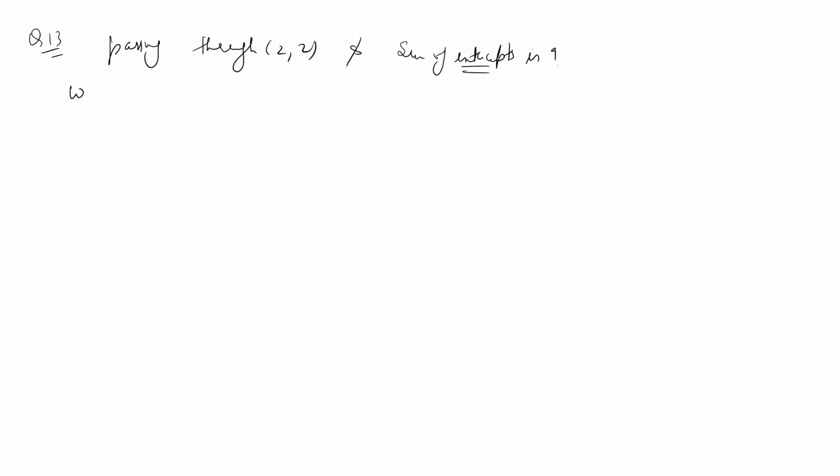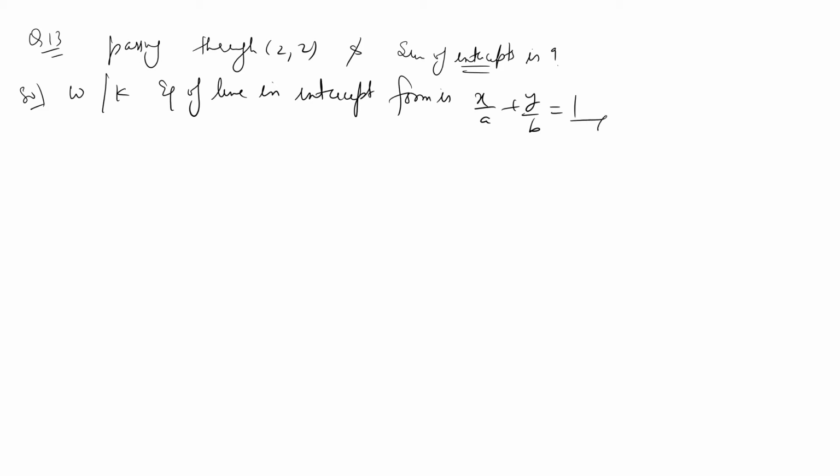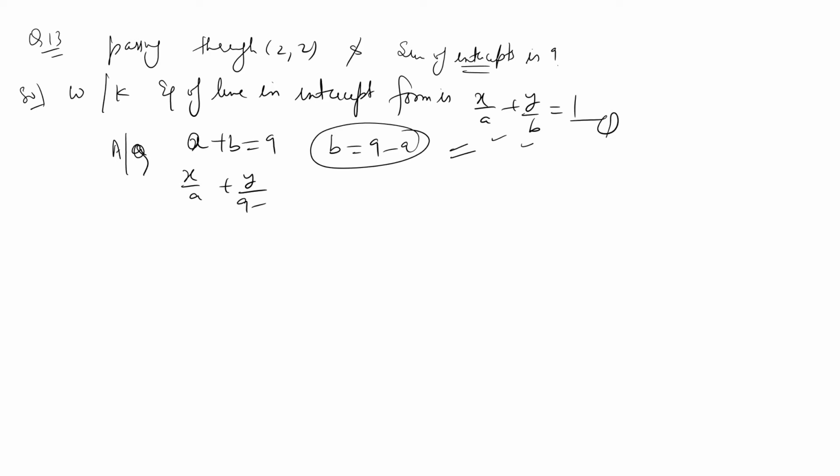So we know the equation of a line in intercept form is x upon a plus y upon b is equal to 1. Now according to the question, the condition is that the sum of intercepts a plus b is 9. That means b can be taken as 9 minus a. Let us amend the equation because I need to find the values of a and b. So x upon a plus y upon 9 minus a is equal to 1. So this equation reduces to this one.